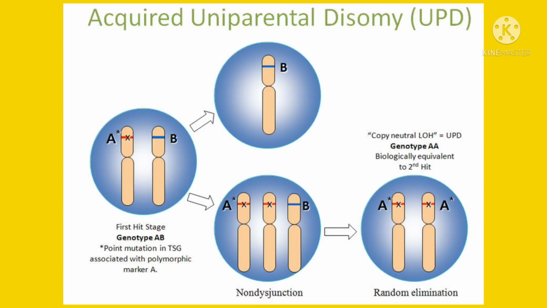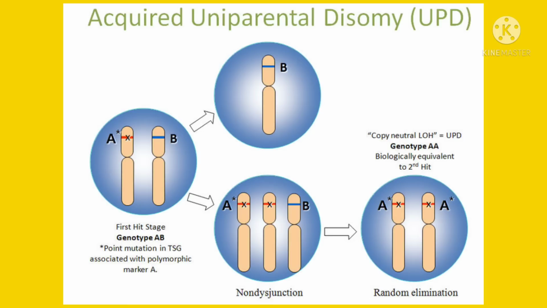A person with UPD may lack any active copies of essential genes that undergo genomic imprinting. This loss of gene function can lead to delayed development, intellectual disability, or other health problems.